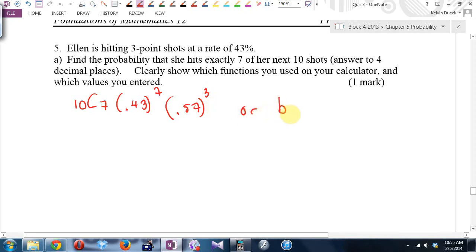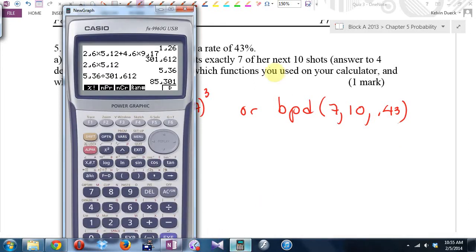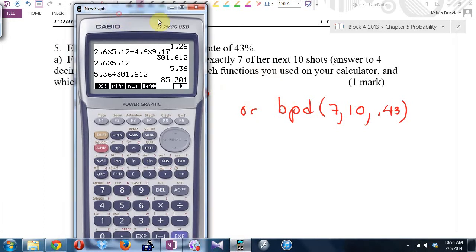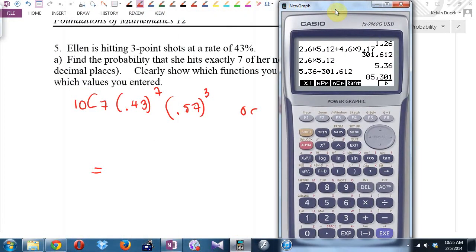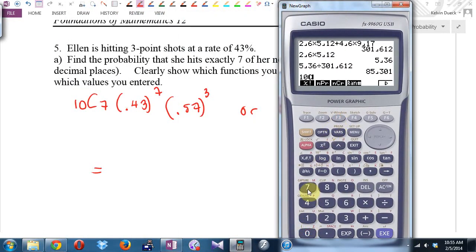Or you can go 7 out of 10, 43% chance of it going in. You know what? I'll do it the long way just because I happen to have this menu open, but you could certainly do it the short way. 10, choose 7 times 0.43 to the 7th times 0.57 to the 3rd.